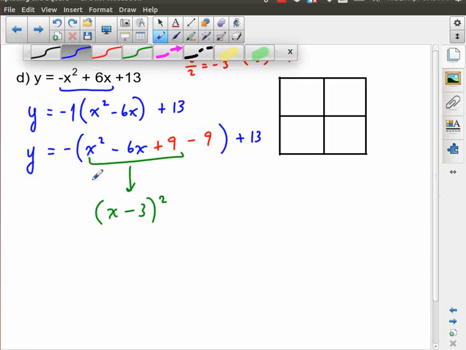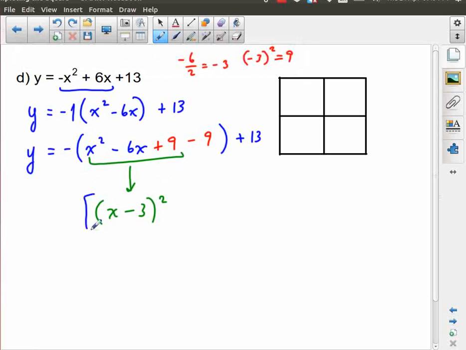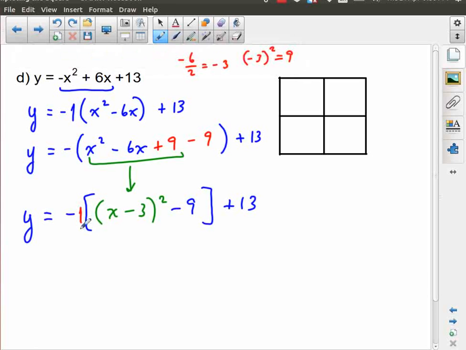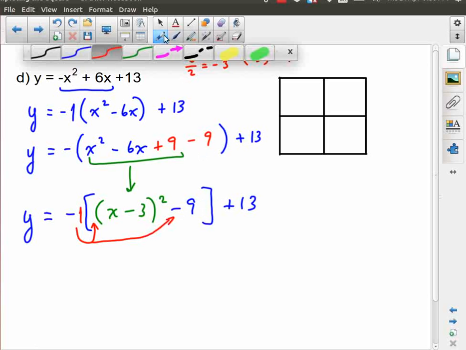So we had this round bracket. Again, because I'm going to have double brackets now, I make this square. There's a negative sign in front. Then we have a -9 inside that bracket and a +13 outside that bracket. Now multiply this. Don't forget it's -1, so I'm going to multiply this in front of this bracket, and I'm also going to multiply it by that -9.